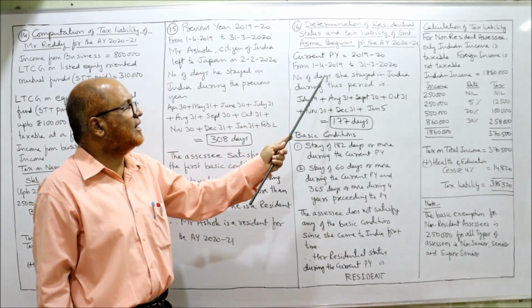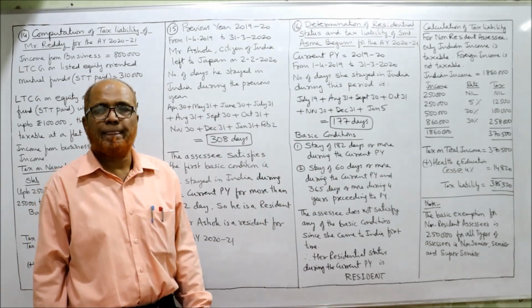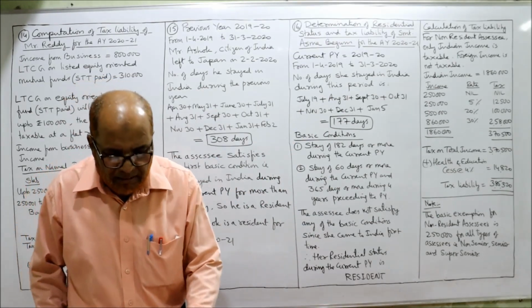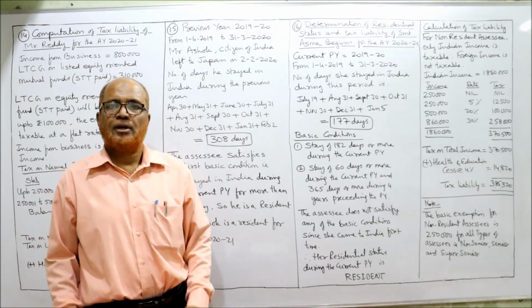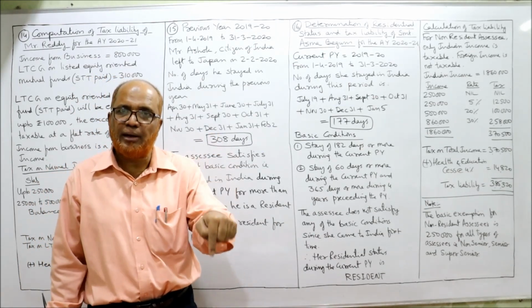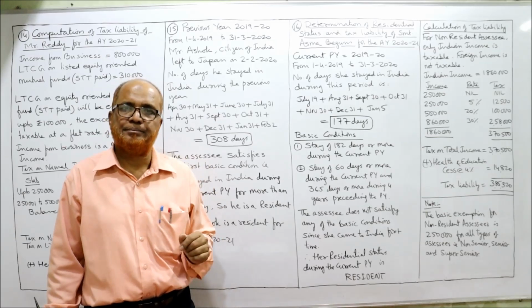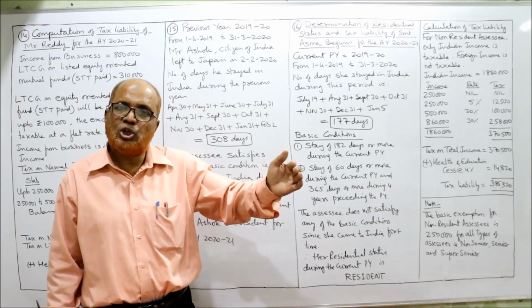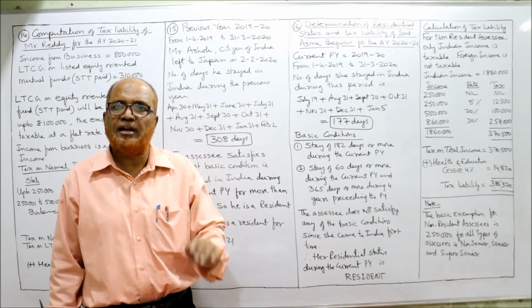Number of days she stayed in India during this period: July. On July 13th, 2019, she came to India at 11 a.m. That means the first 12 days of July she was not in India.